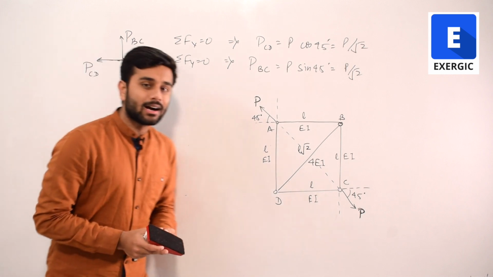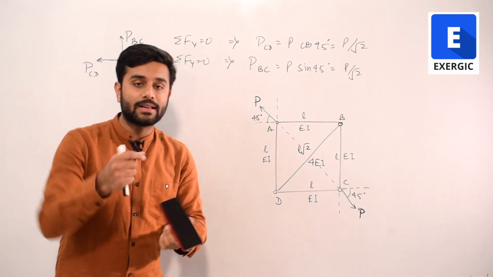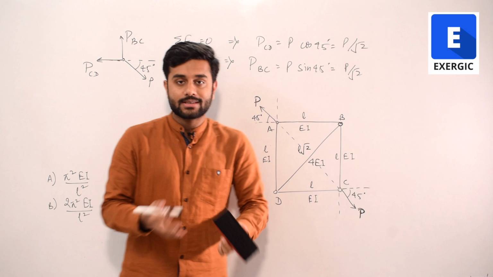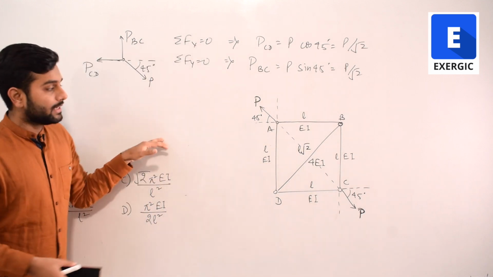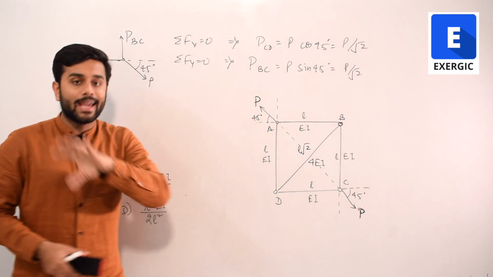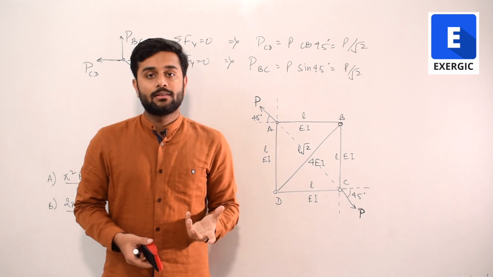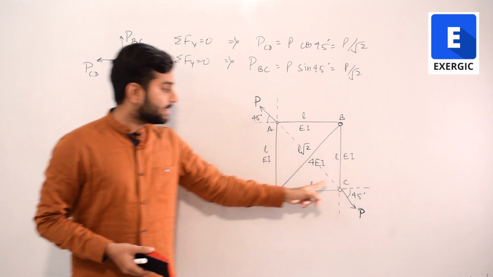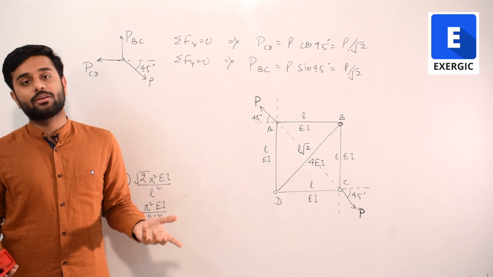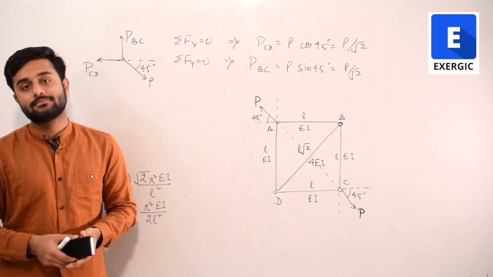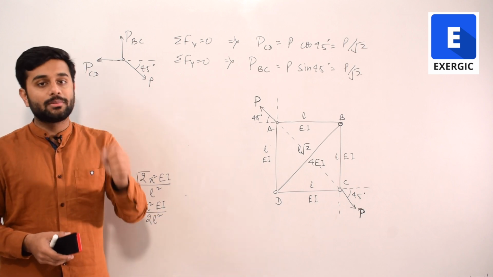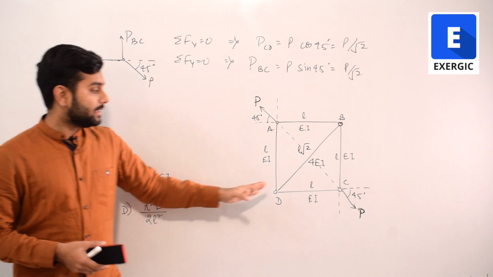Now, can buckling occur as a result of tensile load? No. The question is about buckling, right? The question asked that for what minimum value of P any of these members will buckle. And these members of length L are not going to buckle because they are not getting compressed. So the only possibility of compression occurs in the member BD.